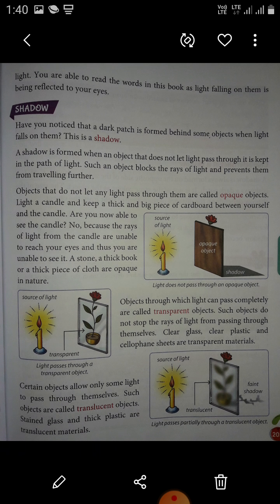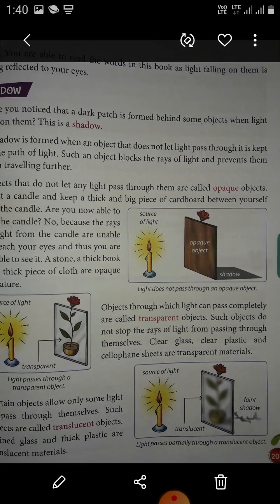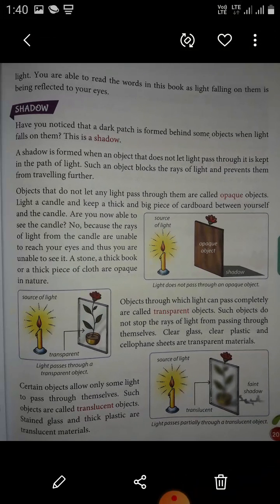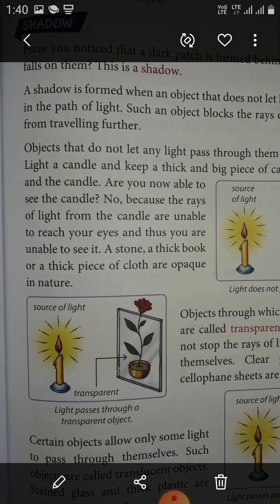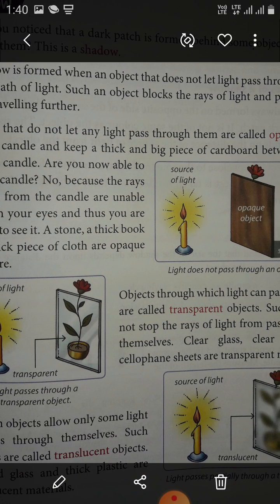See here, students, the source of light, and this light passes through, and see here, students, a faint shadow. So light passes partially through a translucent object, and here light passes through a transparent object.